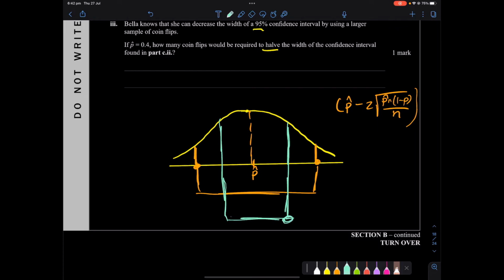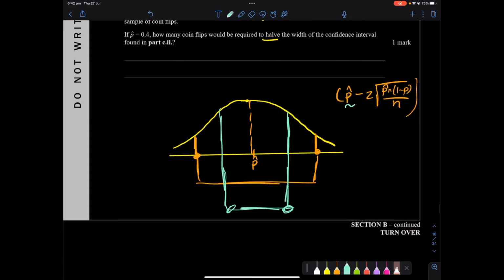So what are those values? We have p hat minus this part, and we also plus this part over here. We call this the margin of error.